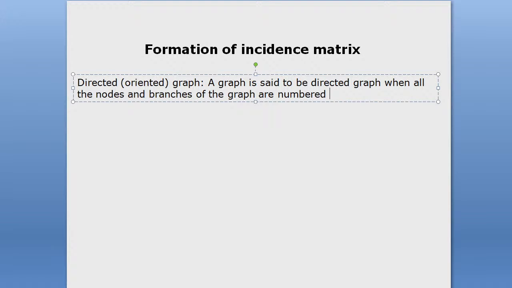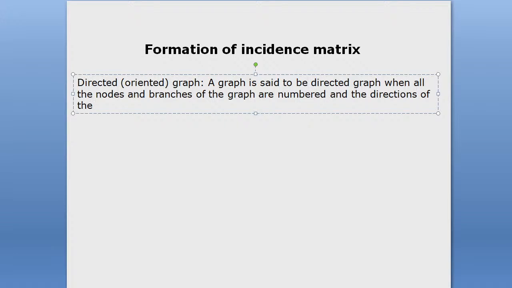And the directions of the branches, meaning current direction, are assigned. Such type of graph is known as a directed graph.